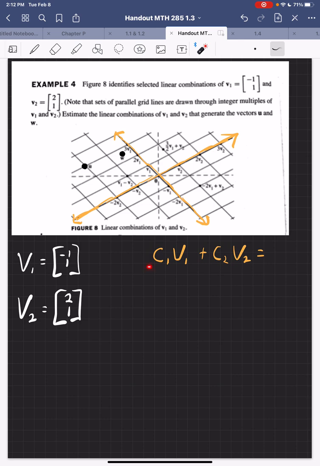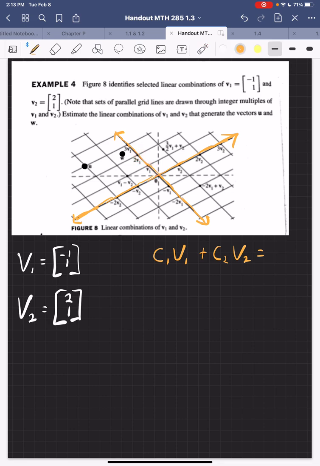But for right now, notice the scalar tells you how far you're going to travel in the v sub 1 direction, right? So if you were to choose c sub 1 is equal to 2, then you are going to travel in the v sub 1 direction, all the way to 2 v sub 1. That is exactly what we mean by that.